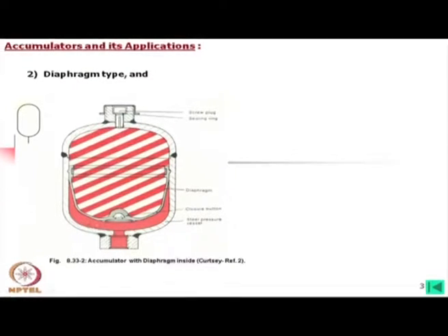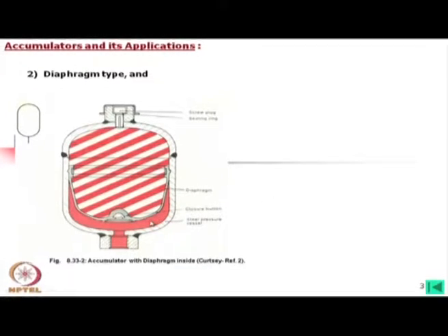So, what will happen when excess oil is being pumped into this accumulator, then this will contract a little bit and the volume will also contract, and then when this oil is again required by the main system, this will expand and the oil will be pushed into the main system.